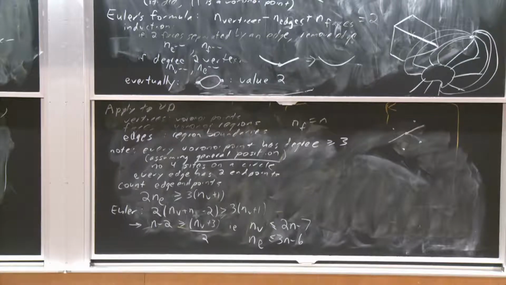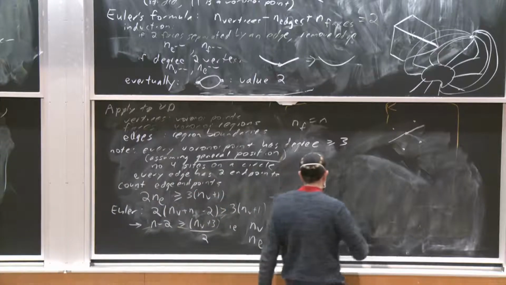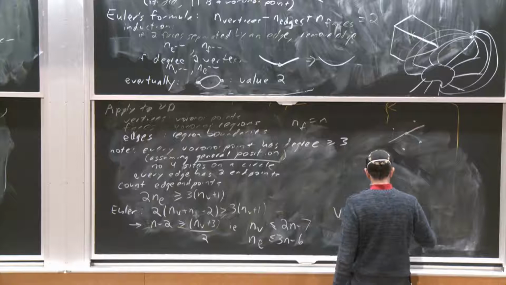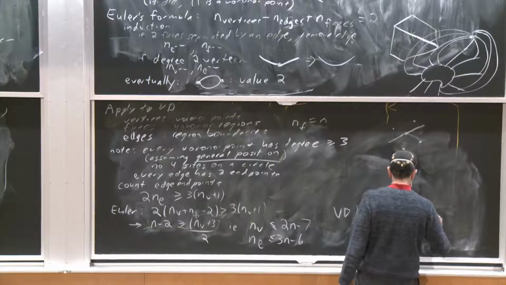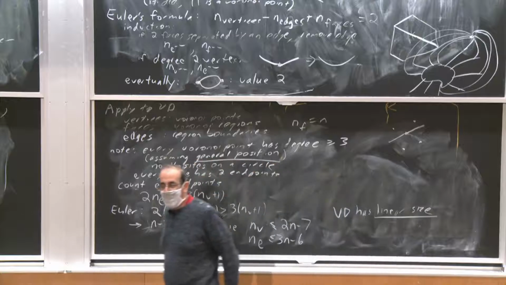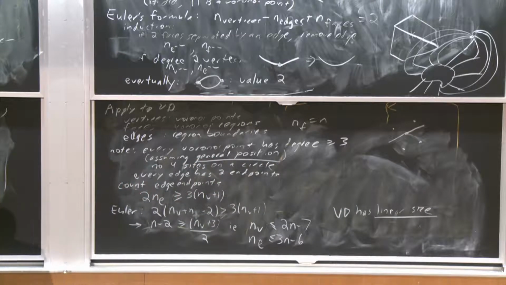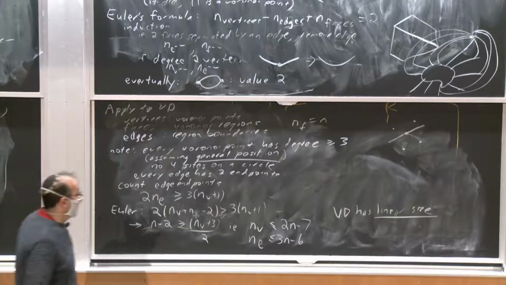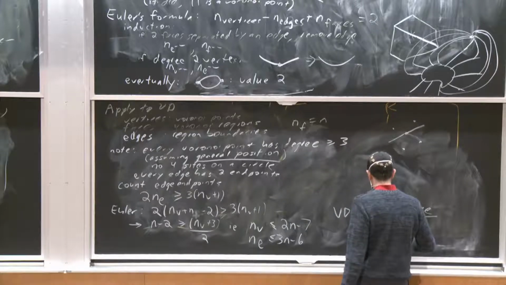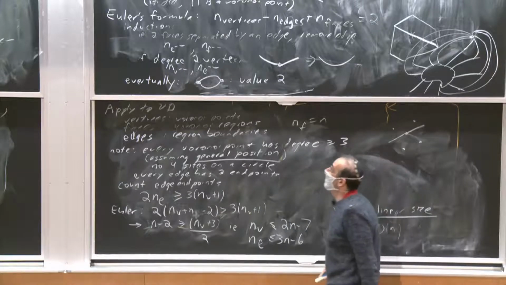So the end result summary of this is that the Voronoi diagram has linear size. The number of Voronoi points and the number of Voronoi edges is linear in the number of sites, right? Capital N that I drew before is order little n.